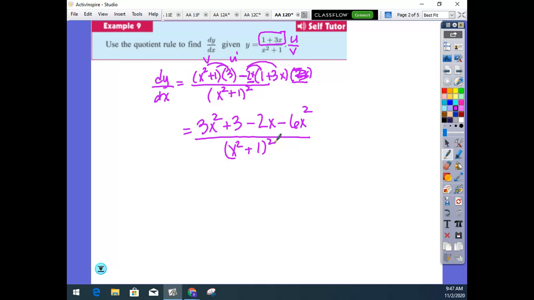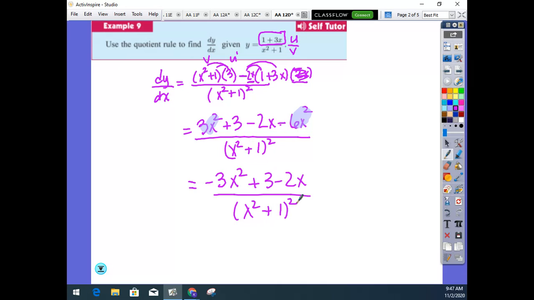I never mess with that bottom unless I have to at the very end. Now I can combine like terms. So my x squareds match. 3 minus 6, negative 3x squared. And it really doesn't matter what order you want to put it in. And I just keep the bottom. So that's pretty straightforward if you just follow the rule.